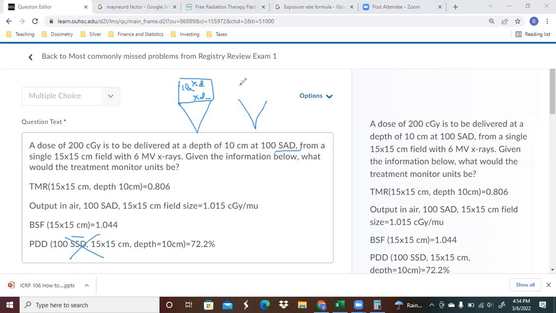The way we get to it is that we have our measurement in space to get our output in air. We're going to then translate it from air to the phantom by using the backscatter factor.